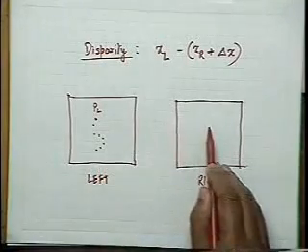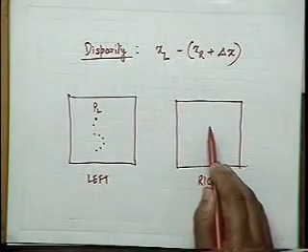We have to find their corresponding positions in the right image. So for every such candidate we need to search over a region of n by n pixels, that is to say over n square pixels, and our computational complexity in that process is going to be extremely large.